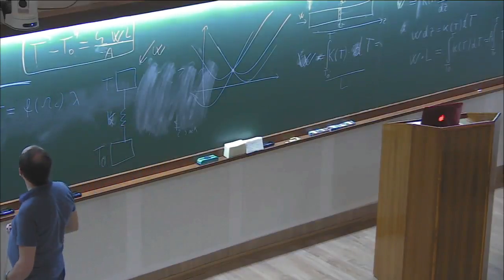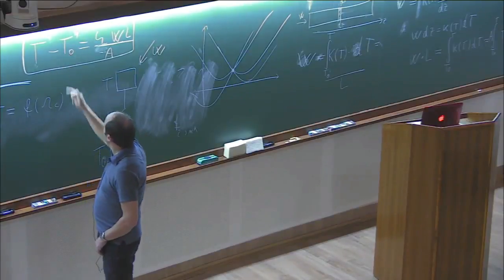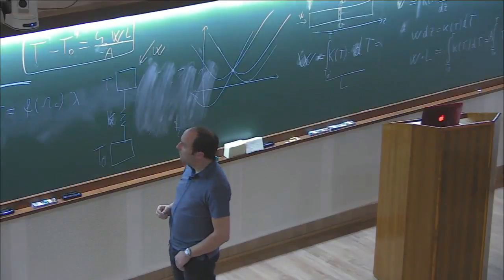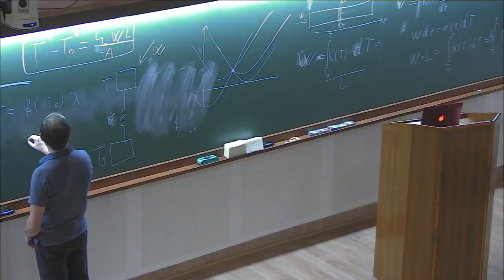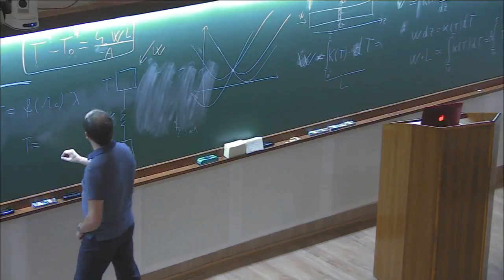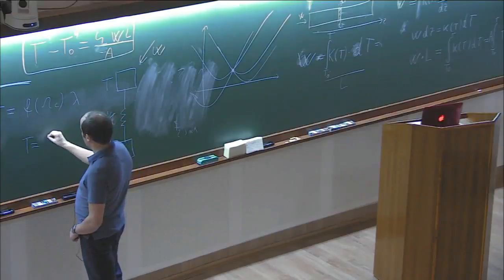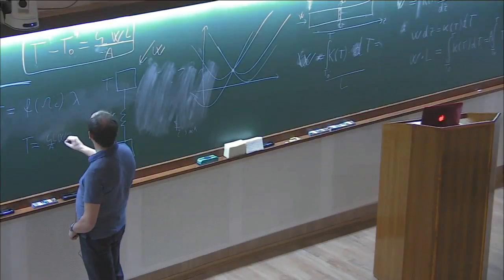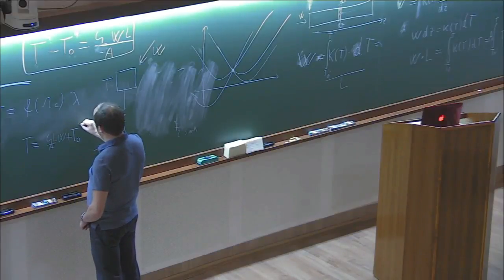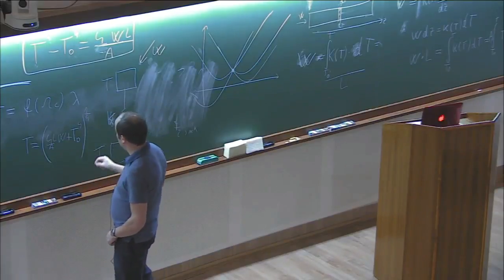If you write the dependence of T on T node, it's equal to this constant times the power plus T node to the fourth multiplied by 1 to the fourth.